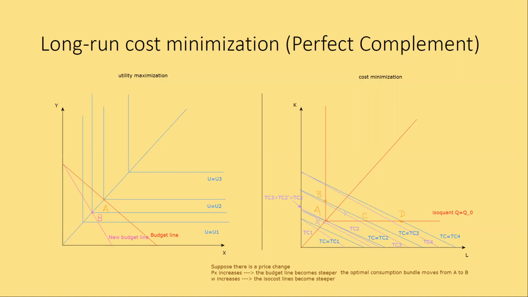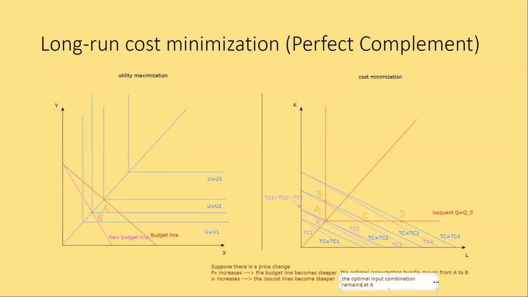Only that at point A, the firm is going to incur a slightly different level of total cost. So when there is a price change in W, the optimal input combination remains at point A. It does not move like in the consumer's case.